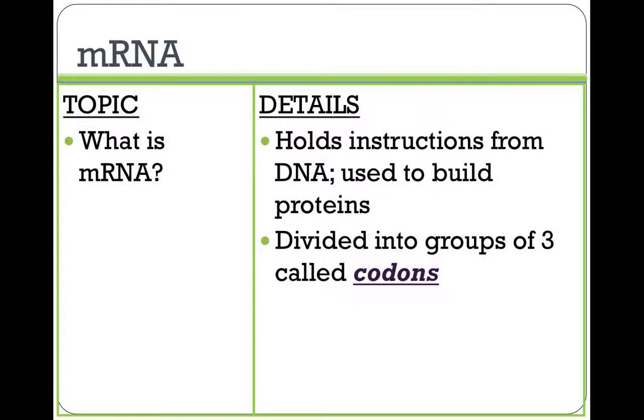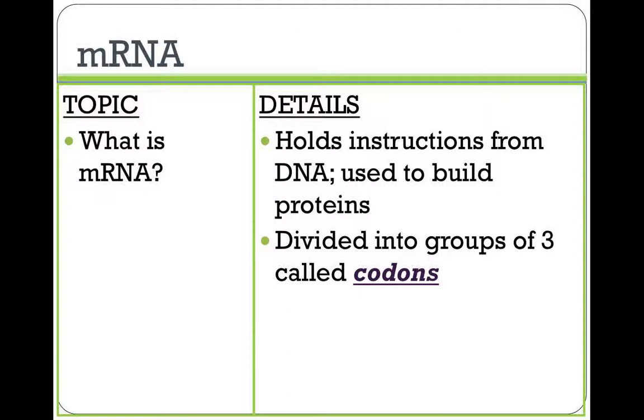So mRNA, a little more about that. mRNA holds the instructions from the DNA, right? Because if you look back at that picture that we had discussed, the DNA is used as a template for this mRNA. And mRNA is divided into groups of 3 called codons. So every 3 base pairs will be a codon. So for example, maybe it will be AUG. That would be 1 codon.